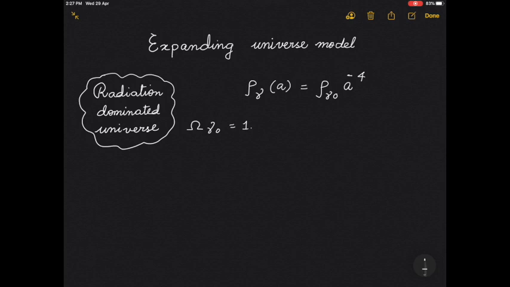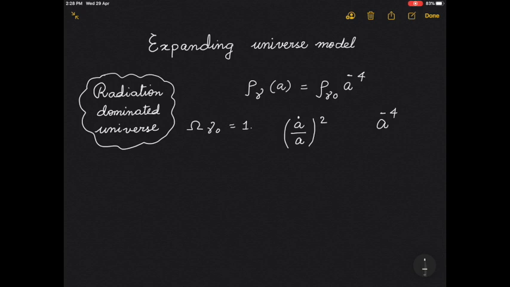Obviously we do not belong to this universe. We are not radiation, but just for an academic purpose, we can see what happens. You see that we start with that fundamental equation, a dot by a, whose square is H squared. And for the radiation dominated case, it is proportional to a to the minus 4.